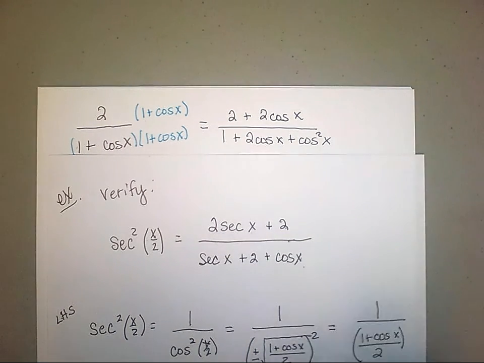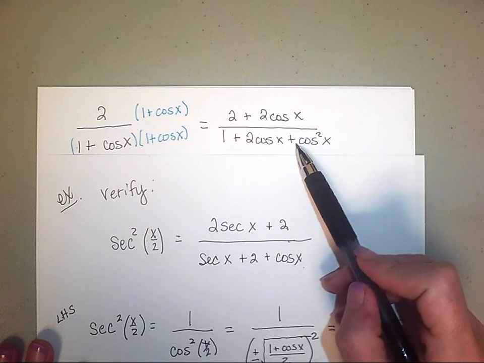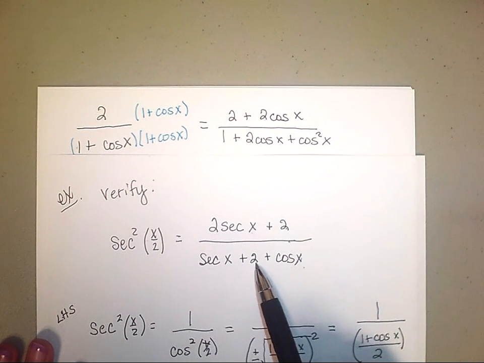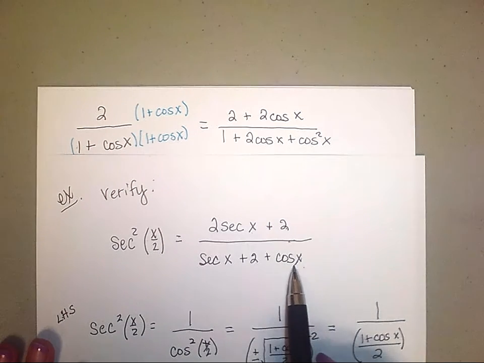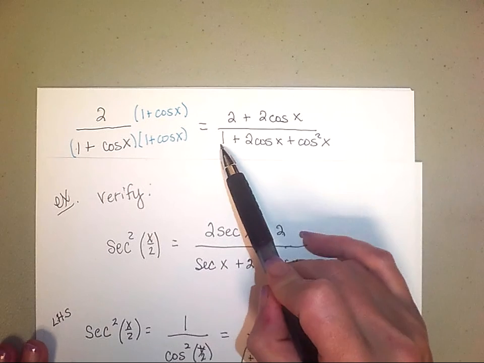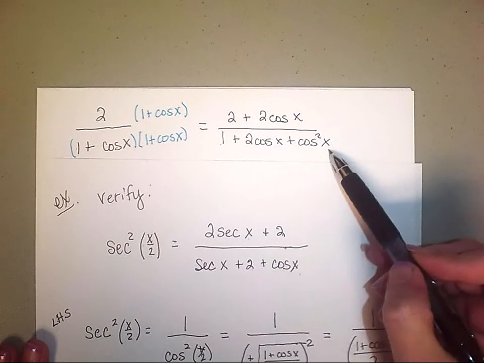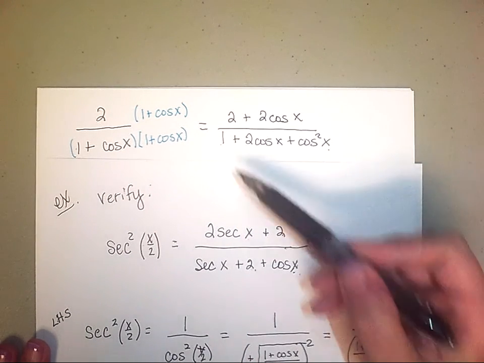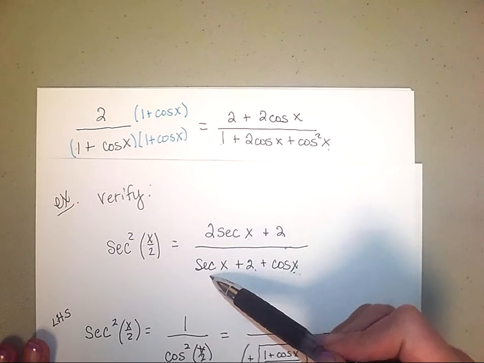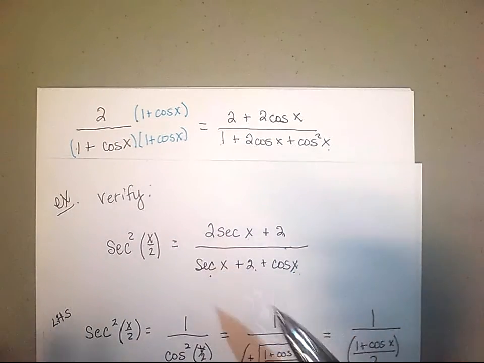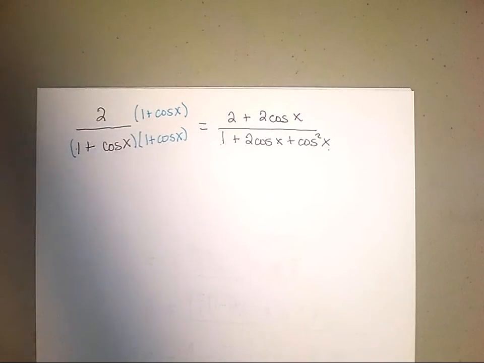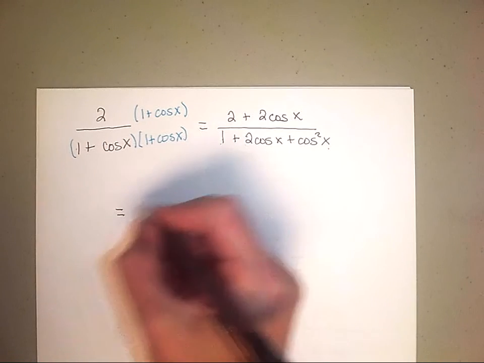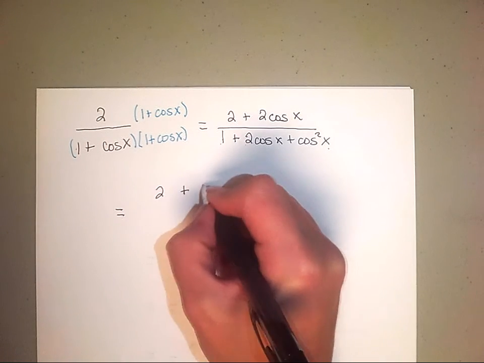Well, now, what are we going to do? Okay, so this is a 2, and this is just a single cosine, and this is a 1. So if I divided this by cosine, I would get a single cosine. If I divided this by cosine, I'd get 2. And if I divided this by cosine, I'd get secant. So let's try that. But I can't just divide the denominator, so I'm going to have to divide everything.